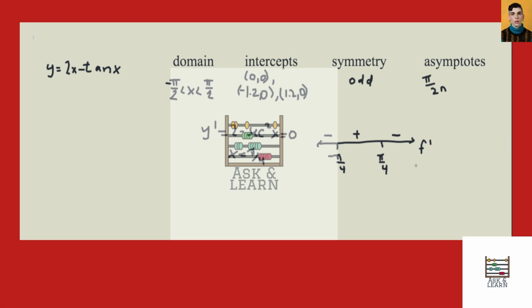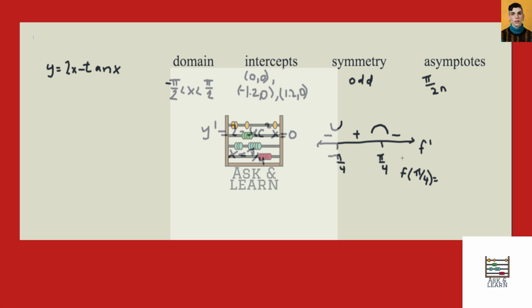Alright, and if we want to solve for f of pi over 4 to find the y value, well, here it's negative to positive, so decreasing to increasing, so this is the minimum, and here is increasing to decreasing, so this is a maximum.